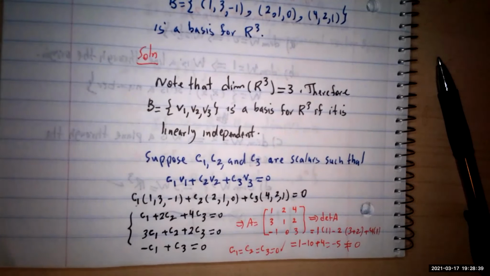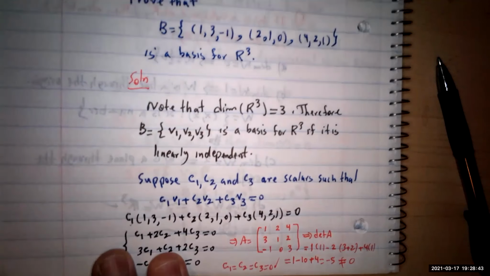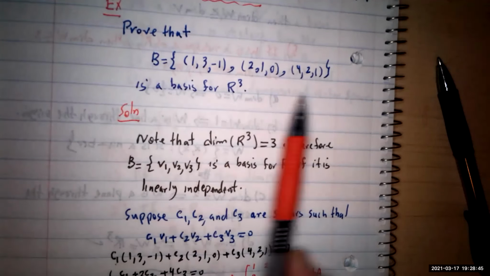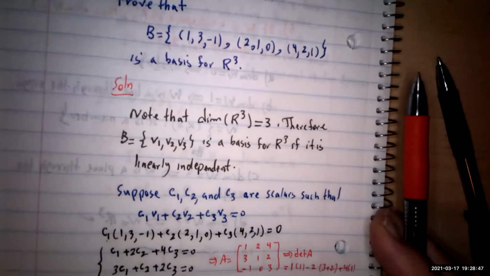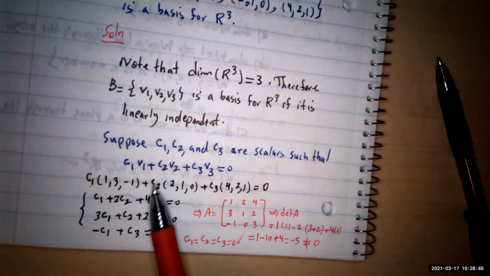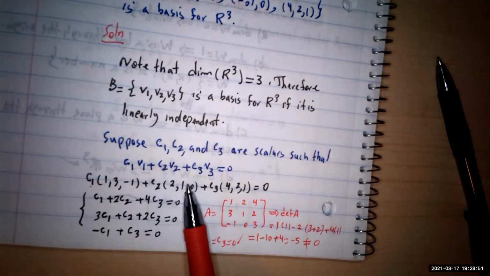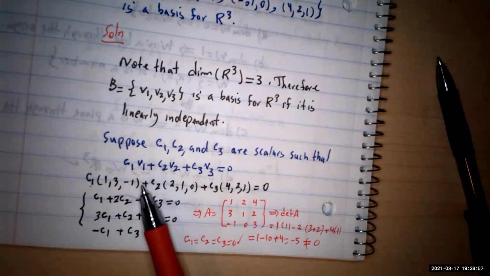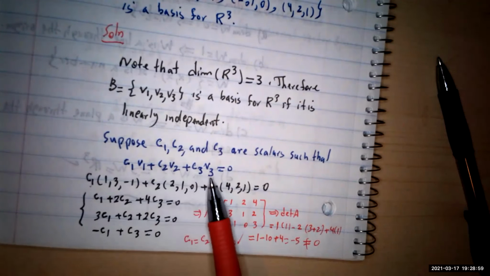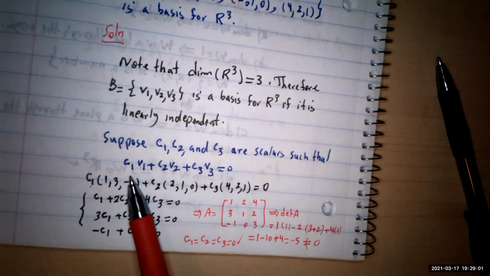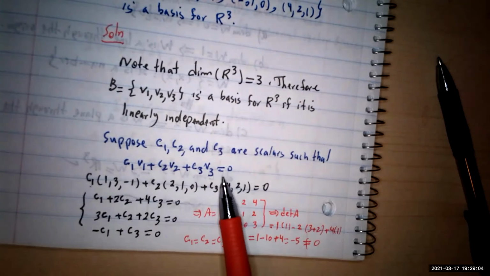Okay, so since you know that the dimension is 3, this is going to be a basis only if they are linearly independent. To prove that they are linearly independent, you take a linear combination c1 v1 + c2 v2 + c3 v3 equals 0, and you prove that c1, c2, and c3 are 0.